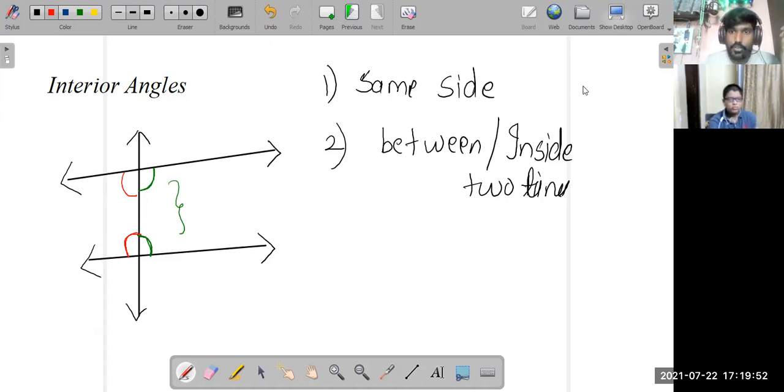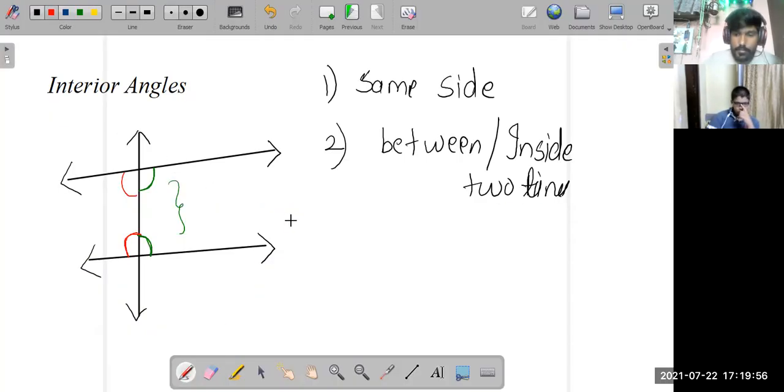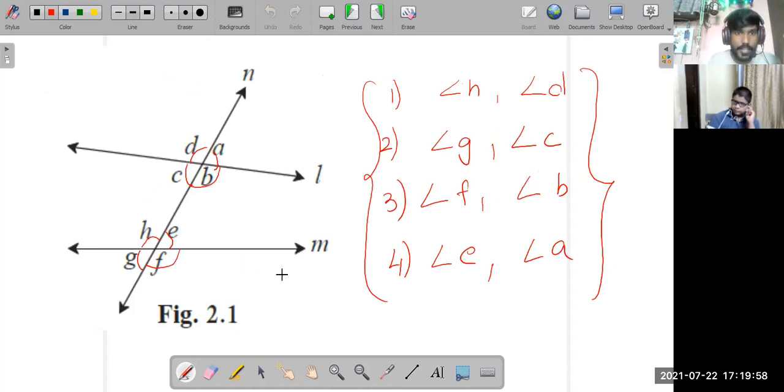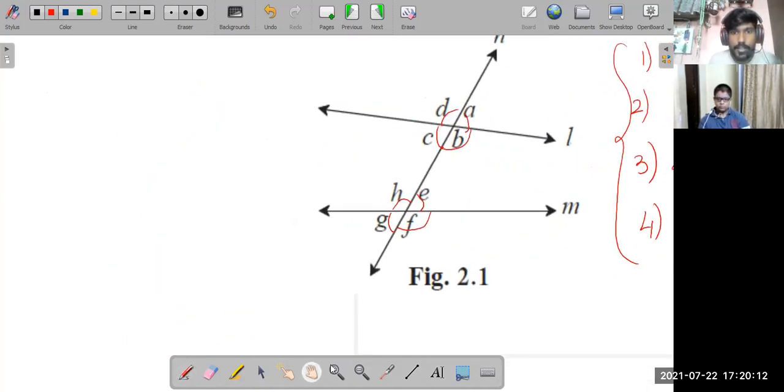Okay. So we can do the next part. Here I'll write corresponding. These are all pairs of corresponding angles that we listed. Now in this same figure, list out all possible pairs of interior angles.